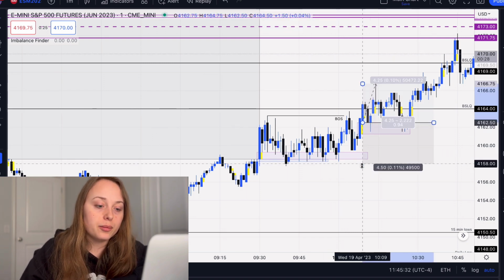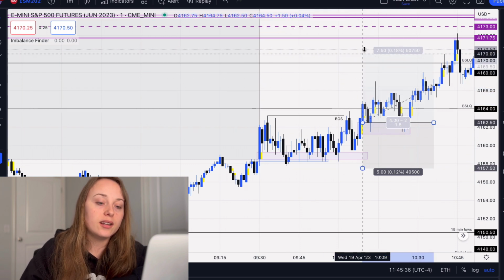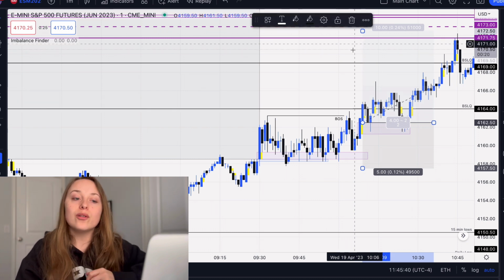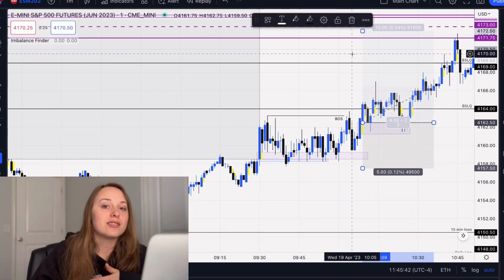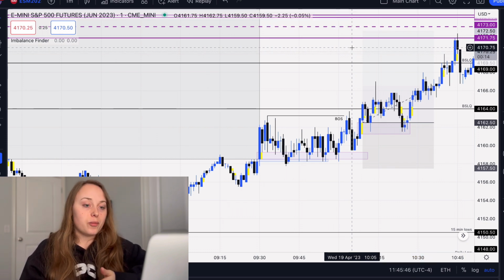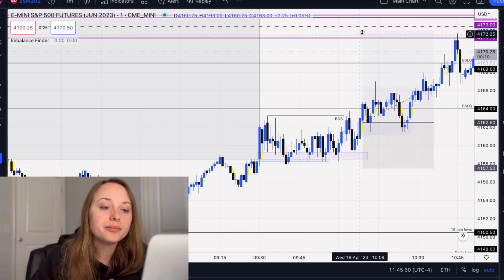I wanted to see my 5-point handle run, but in order for us to get a 5-point move, we want to aim for 10 points, right? Because the minimum we can get is 5 points, but if we have a 10-point run, we're more likely to get the 5 points.